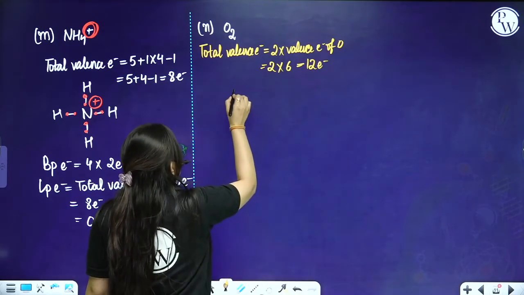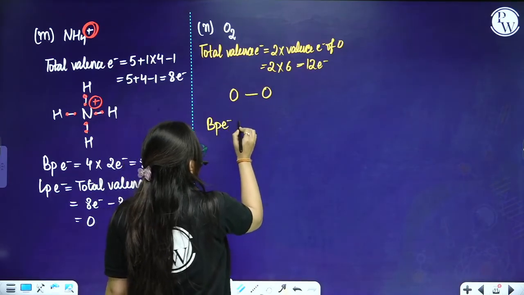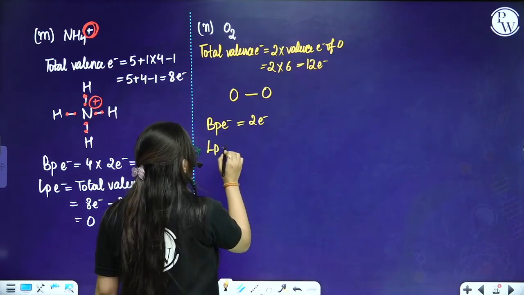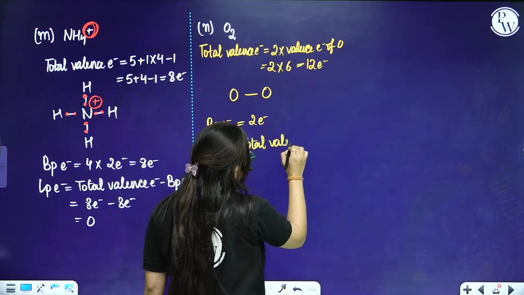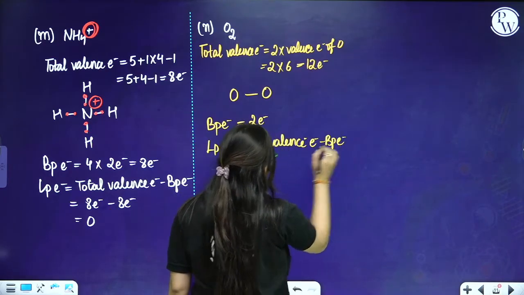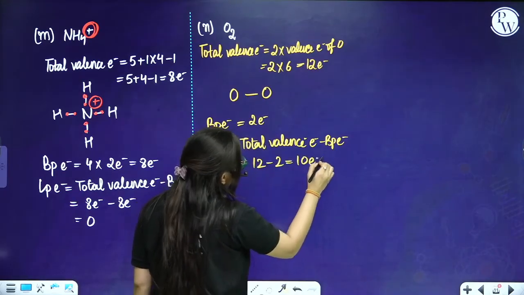Now show a single bond initially between the oxygens. The bond pair electrons are only 2 electrons. So the lone pair electrons are total valence electrons minus the bond pair electrons. Total valence electrons is 12 minus bond pair 2, this comes out to be 10 electrons.